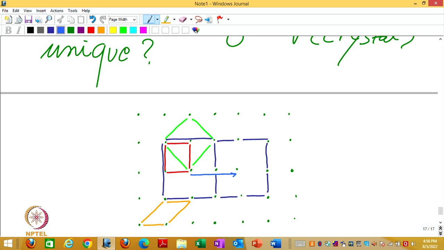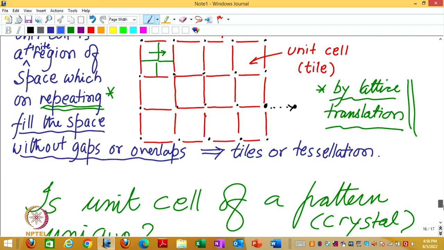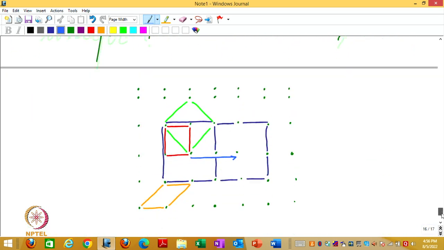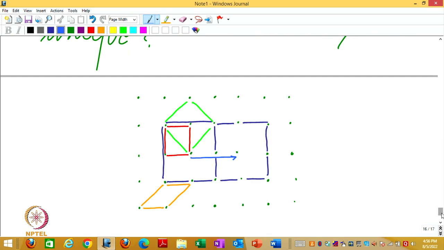So, if we need to change the definition, then that is a different matter, but the definition as given is accommodating this bigger blue unit cell also, no problem, because the shift is by lattice translation. I just caught myself in saying by all lattice translations.